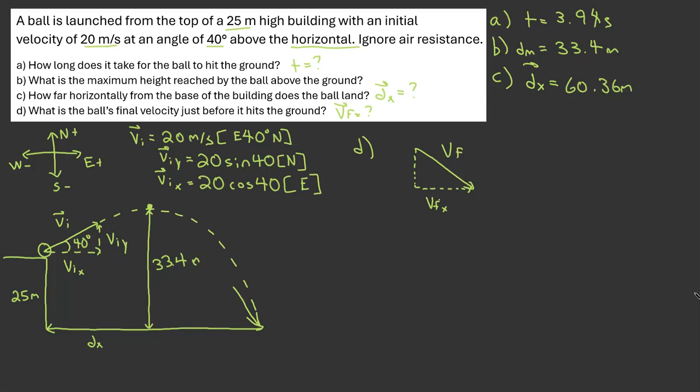We need to solve for that. We know our vf of x is going to be equal to our vi of x, okay? Because there's no acceleration acting on the ball in the horizontal or x dimension, and because there's no acceleration in that dimension, there's no way that the velocity can change. So that's why we can just take this value and set it for that x component here.